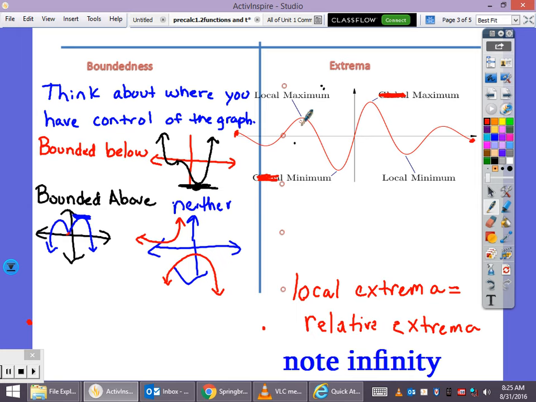I have a local maximum because it's a high point on the graph, just not the overall high point. This here would be the overall maximum because it's the highest point on the graph. This is the absolute minimum because it's the lowest point for the entire graph. This is a local minimum because it's a low point on the graph, just not the lowest. Everyone clear on those? Okay?